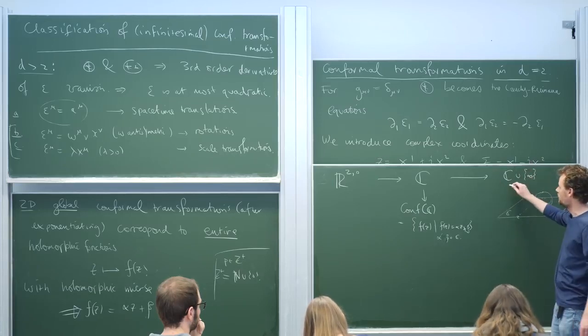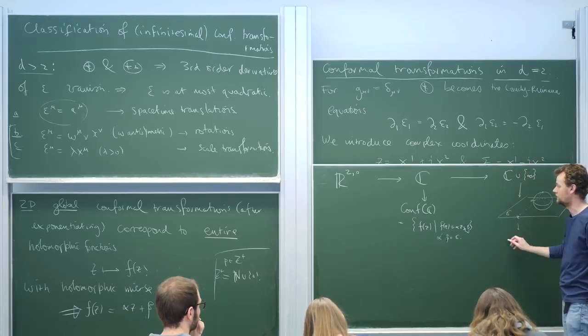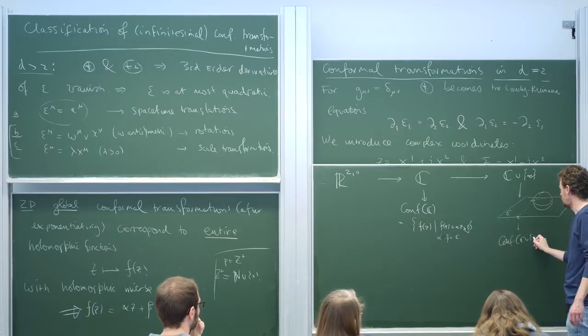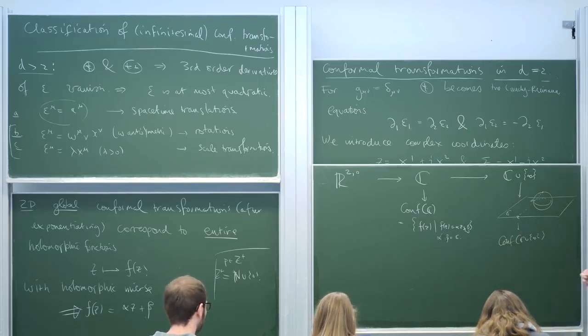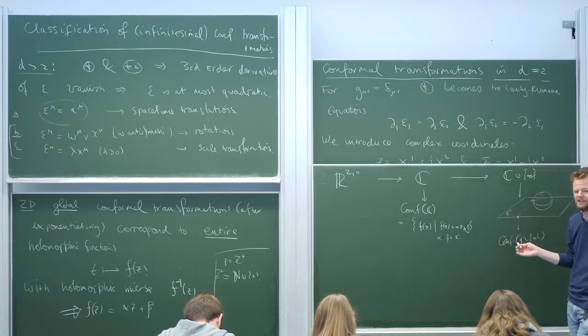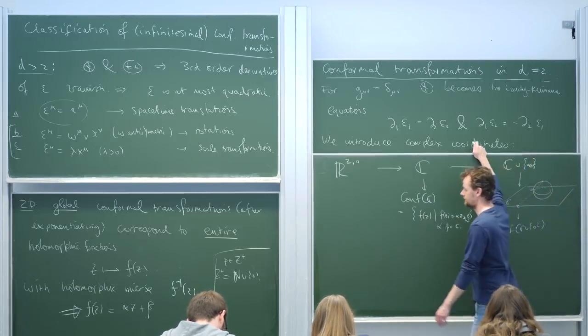So if you consider this new, bigger, improved manifold, then the conformal group of C union infinity is the group of analytic functions of the Riemann sphere to itself, and it's slightly bigger. And I'll give you what that group is.